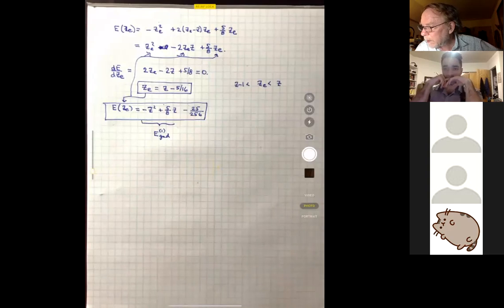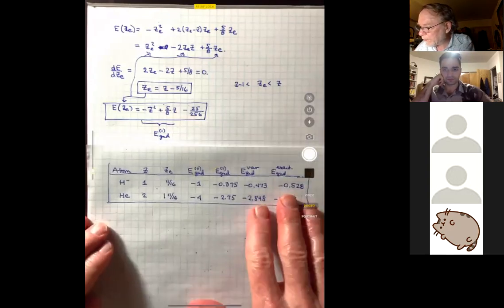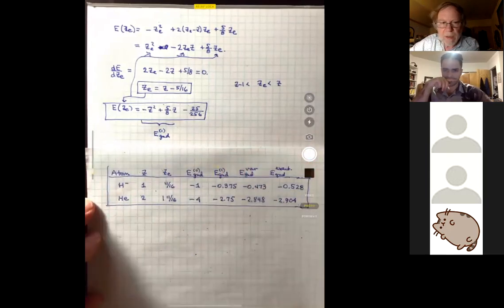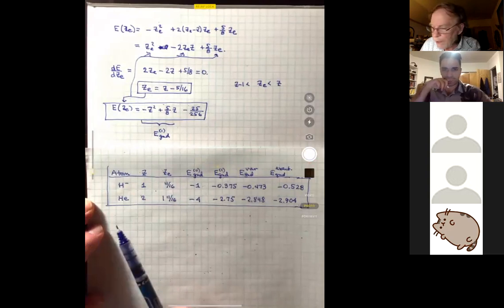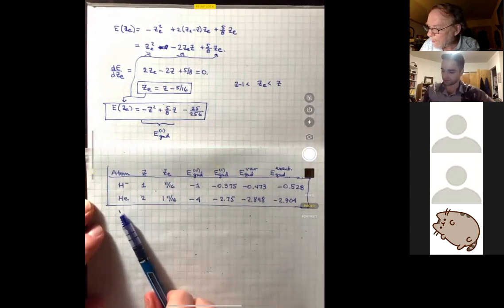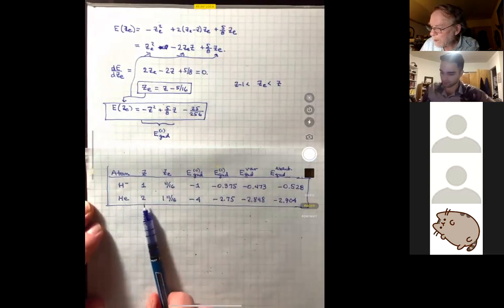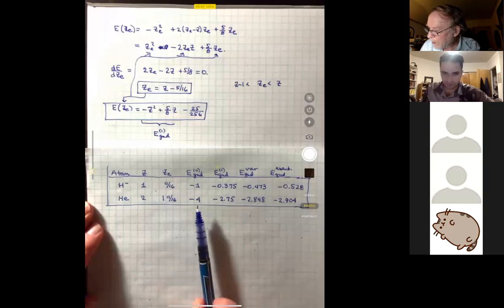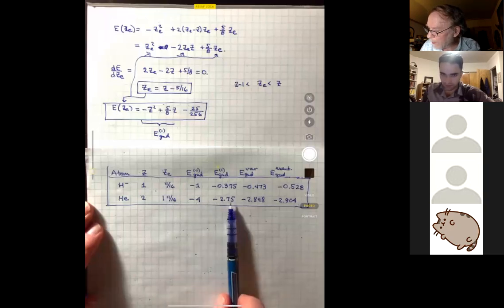All right. So let's look at the numbers. Let's put this in a table and see what it does for us. I've assembled the table here for you, so I don't have to write it all out. Here it is. The two interesting cases are the H minus ion and the helium atom. Let's do helium first. The true charge is 2, of course. The effective charge is 5/16 down, so that's 1 11/16. The results of perturbation theory are given in the next two columns.